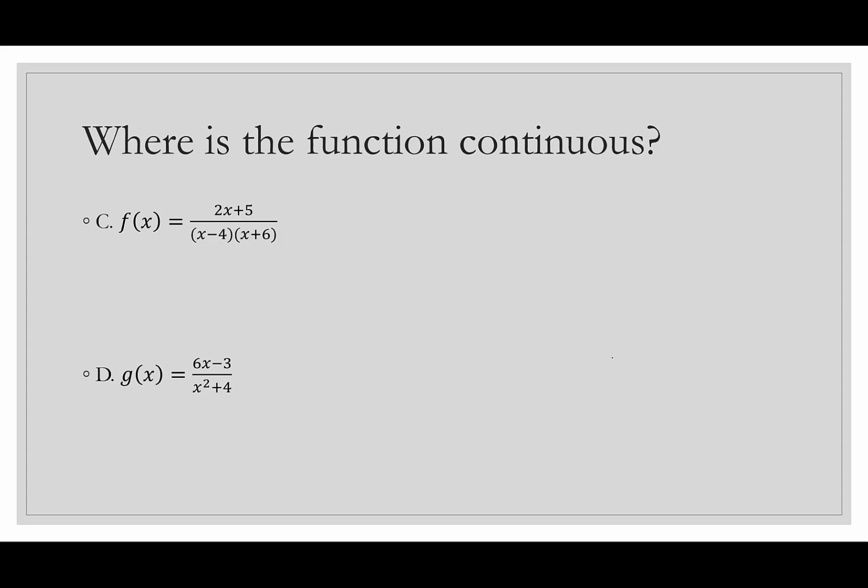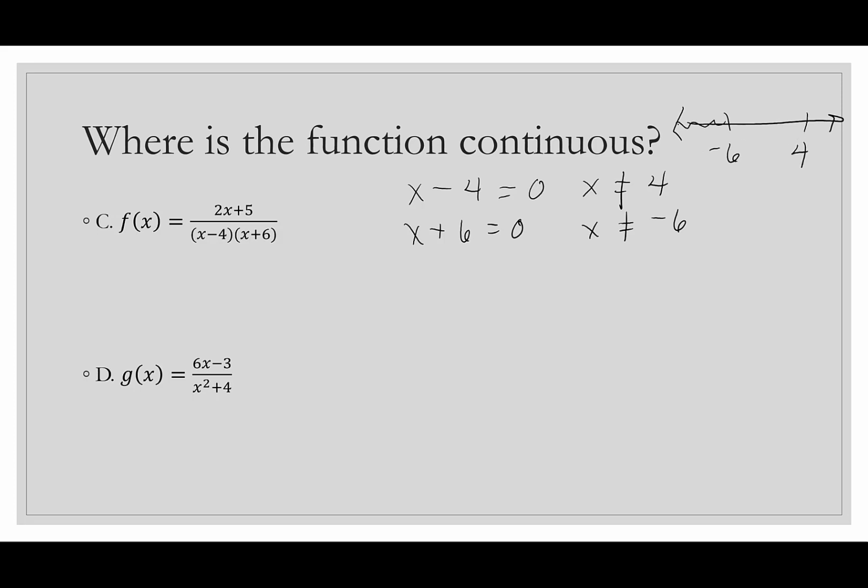C says f of x is 2x plus 5 over (x minus 4)(x plus 6). Again, I'm looking at the denominator, and I say x minus 4 being 0 would give me 4, and I say, well, I can't have that. And then x plus 6 being equal to 0 says x would be negative 6, so I want to get rid of negative 6. You can draw a number line and just put those 2 points on, negative 6 and 4.